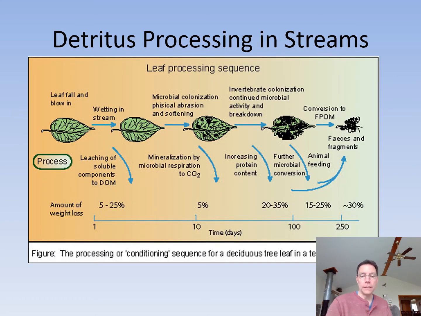Here is a kind of detailed diagram of a leaf that enters a stream. So here's a leaf entering the stream, and it gets wet, and then it's floating down the stream, and some material leaches out of it as dissolved organic matter, and microbial organisms colonize it, and they start to break it down with enzymes, and so some of that carbon is released to CO2, and then some invertebrates colonize it and start to chew it up and release some of that as CO2 and poop some of it out so that now it's fine particulate organic matter.